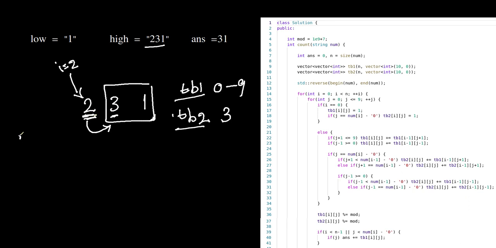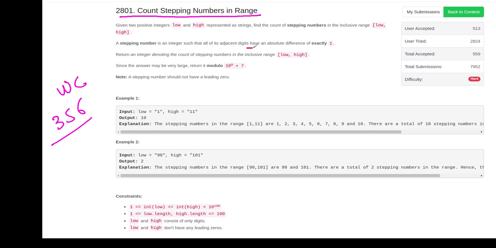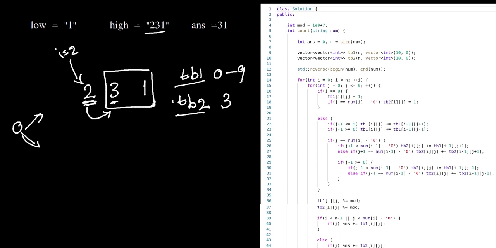We iterate from 0. Now there are two possibilities for 0. Since the stepping number definition is an absolute difference of exactly 1, 0 plus 1 is 1, 0 minus 1 is minus 1.